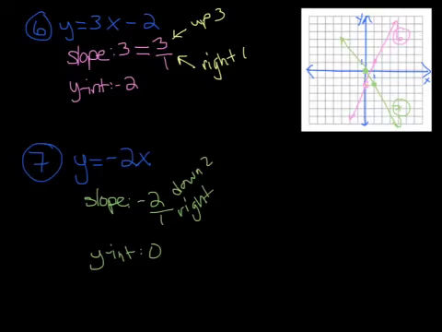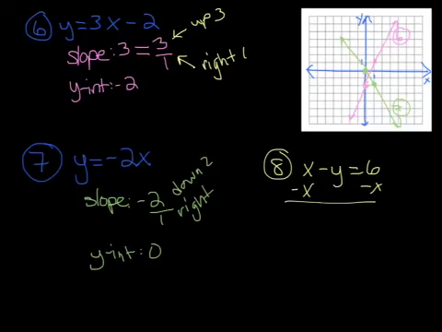And I'm actually going to do one more graph, and this one it's a little bit harder. So I have x minus y equals 6. So this one is harder because I have to start by solving for y. So I'm going to do that by moving over my x. And I also have to remember to get rid of my negative by dividing everything by -1.